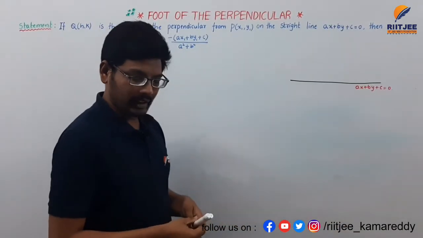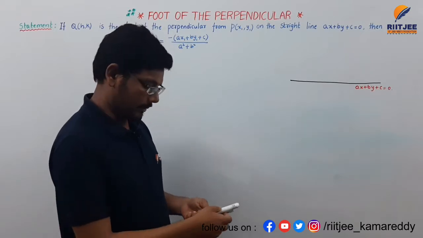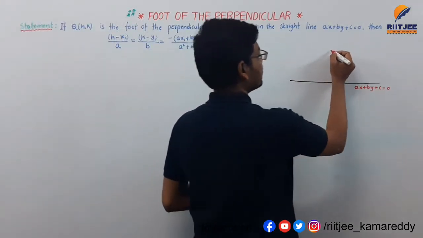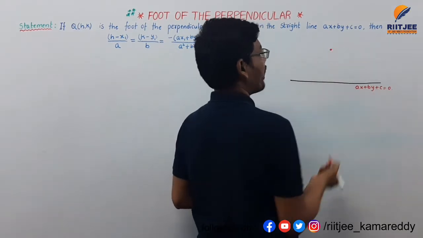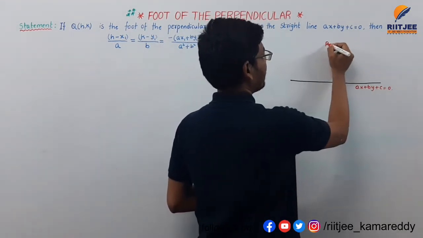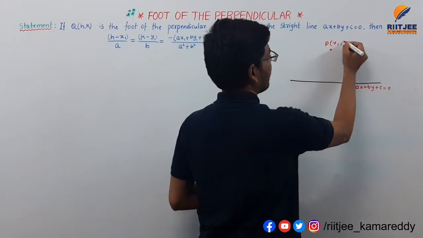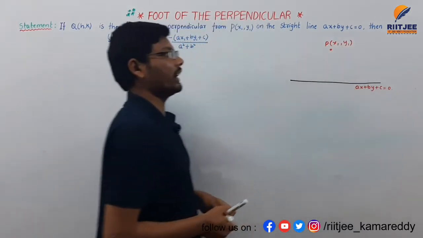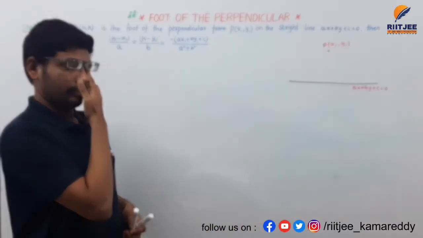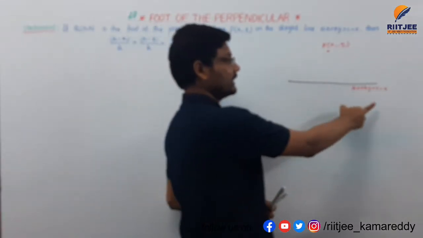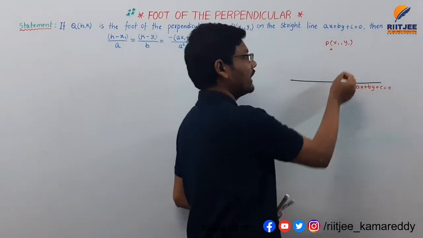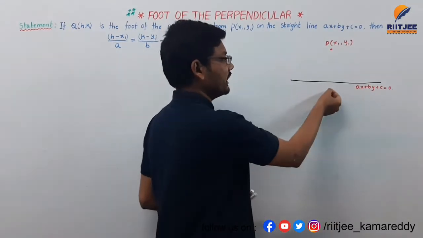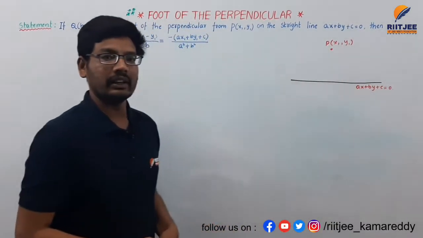And I am taking one point above the straight line, this is the point P here, P of x1 comma y1. This straight line equation is ax plus by plus c is equal to 0, and the point is above the straight line.